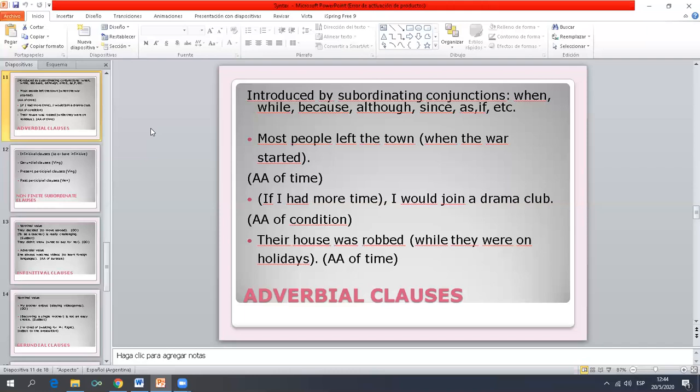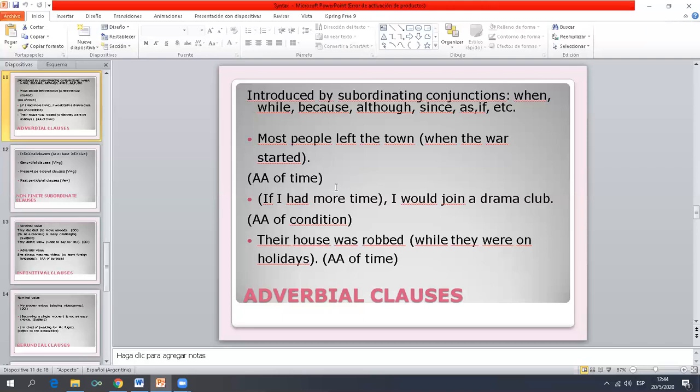Okay, the last example here goes. The house was robbed while they were on holidays. While they were on holidays is an adverbial adjunct of time, introduced by the subordinating conjunction while. What do we mean when we say that these words are subordinating conjunctions? That their only function is to introduce the subordinate clause.